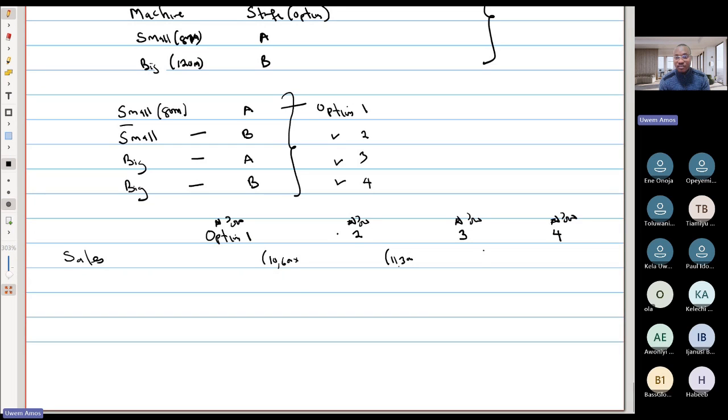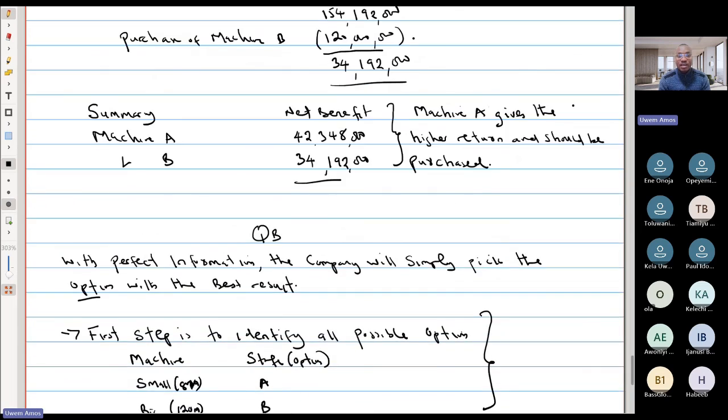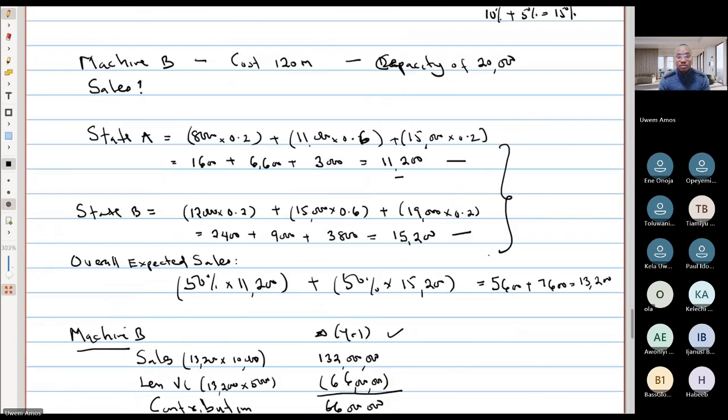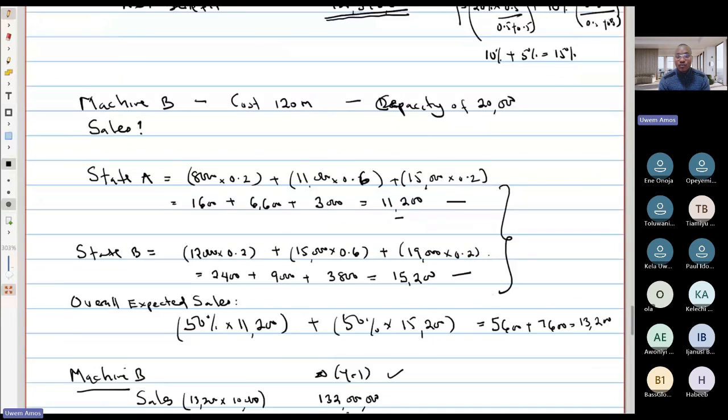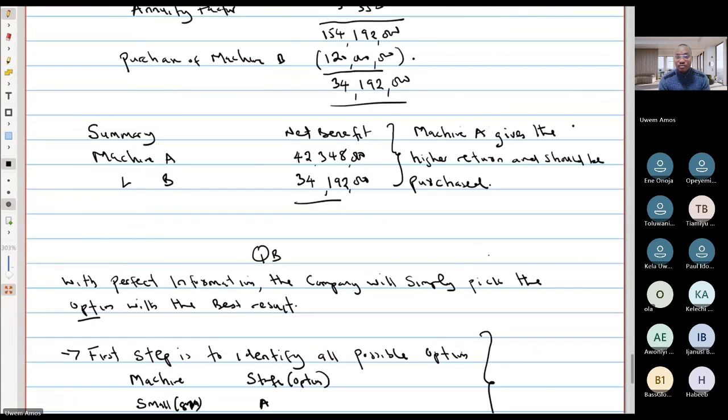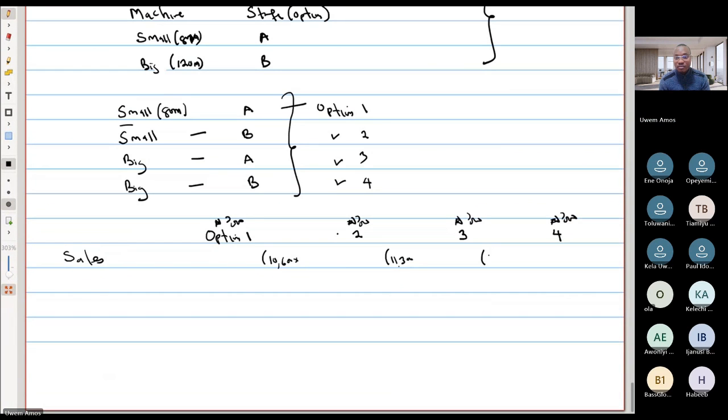Let me reconfirm that again: big A is 11.2, big B is 15.2.